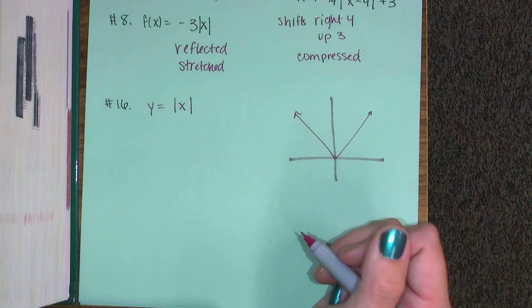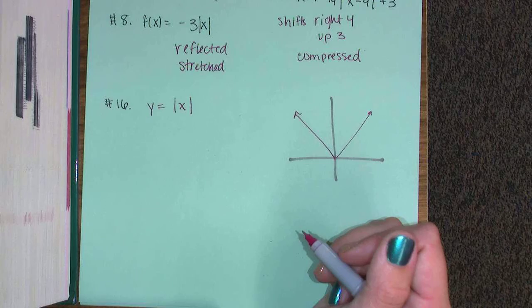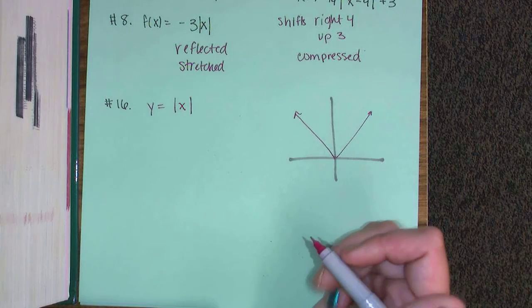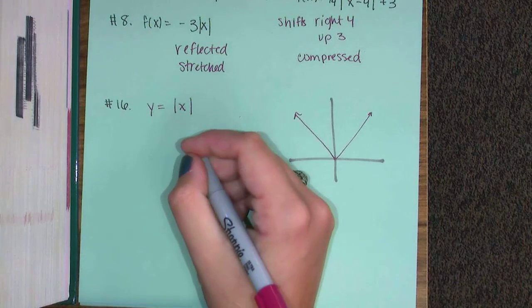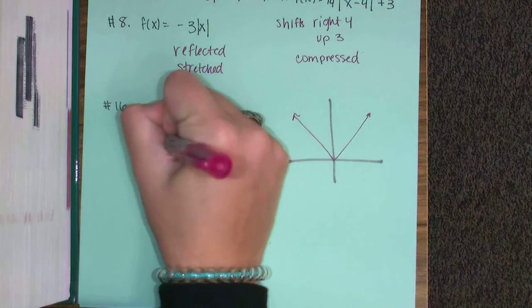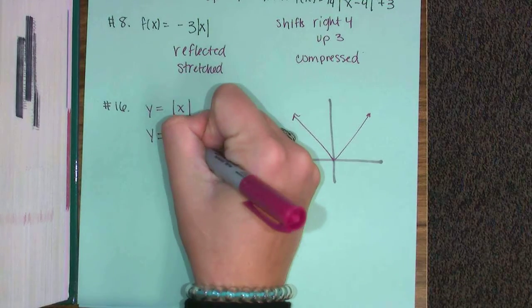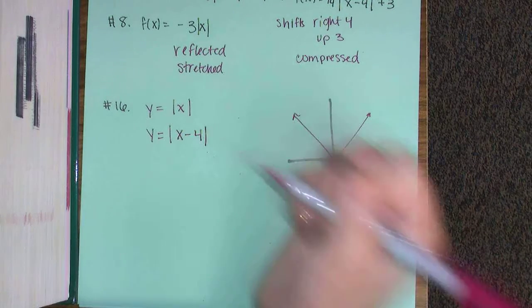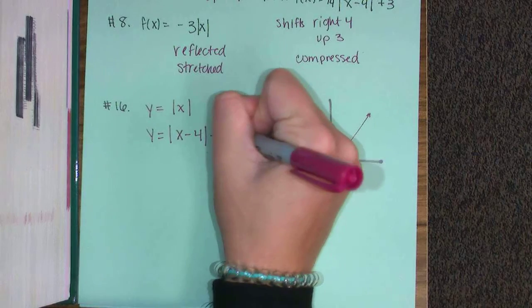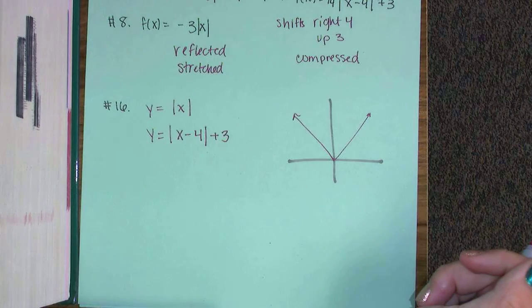So you said it's at 4, 3, right? If I'm shifting right 4, what changes in this equation? The absolute value of x minus 4, and then it's going up 3, so plus 3, and that's all.